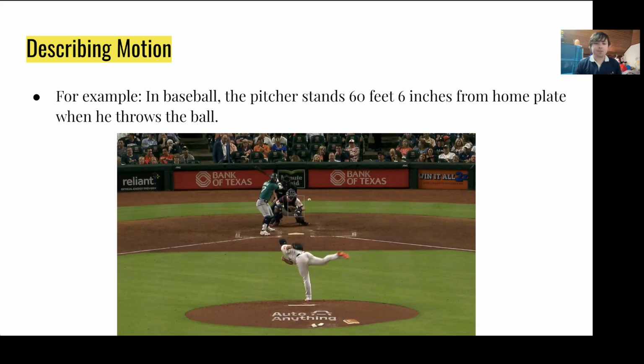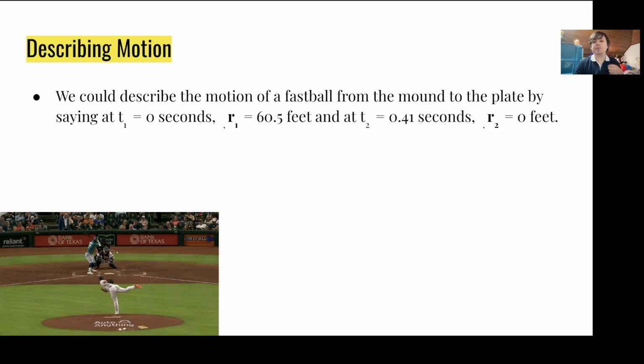For example, we can use baseball, which happens to be my favorite sport, so that's why it's an example. A pitcher stands at a distance of 60 feet 6 inches from home plate when he throws the ball. We can apply a coordinate system onto this problem by saying right above home plate is at radius equals 0, and all the way where the pitcher is is 60.5 feet.